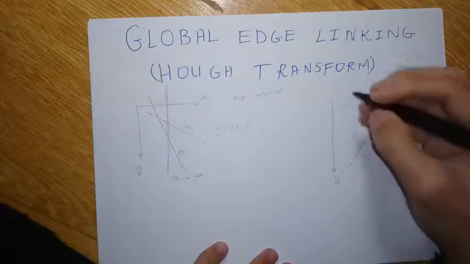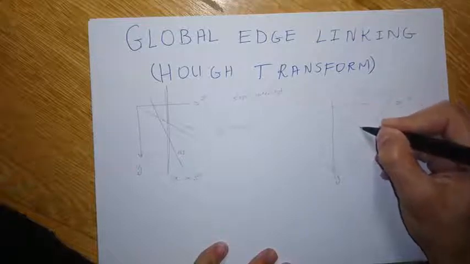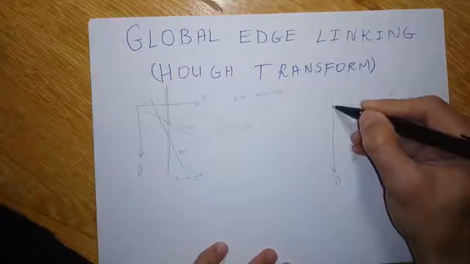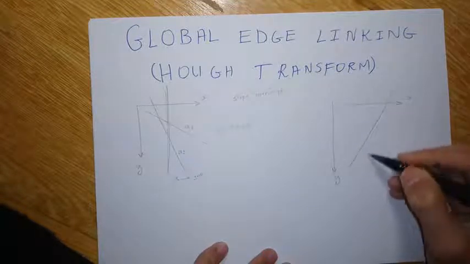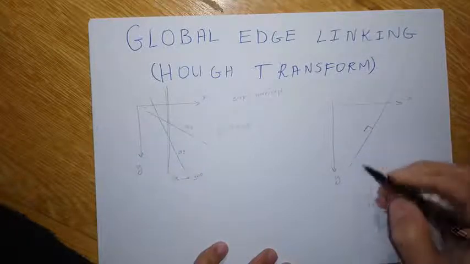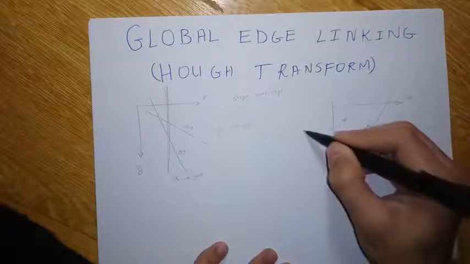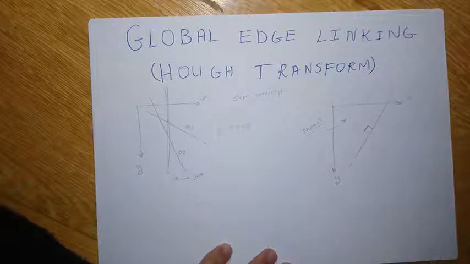So the first is the distance from the origin that is normal to the line. So here I have a perpendicular line. Let's call this one the normal, just for notation.